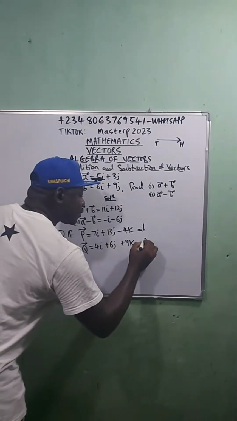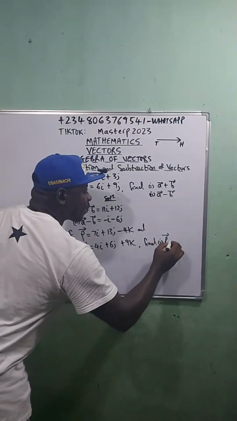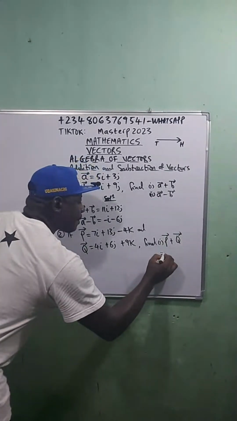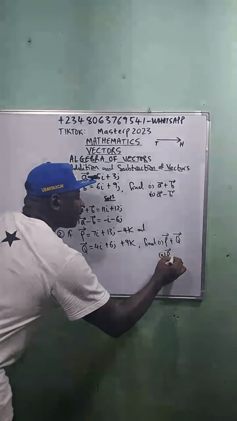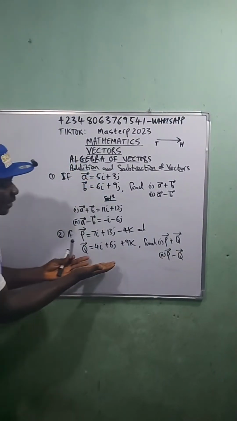Then we are asked to find vector P plus vector Q, and vector P minus vector Q. So this is a three-dimensional vector.